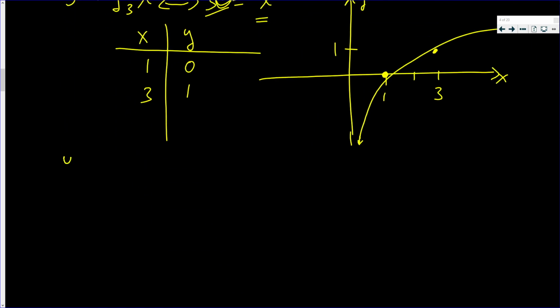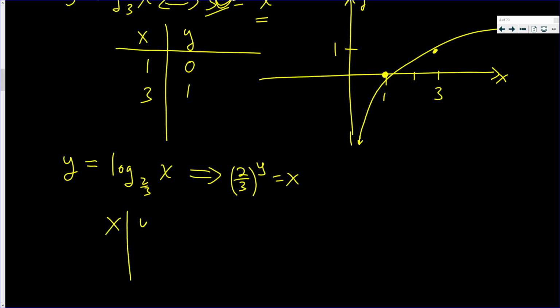If you were asked to graph y equals log base 2/3 of x, well, this tells me that 2/3 to the y is x, or x equals 2/3 to the y. This time, the power is 0 when y is 0. 2/3 to the 0 is 1.